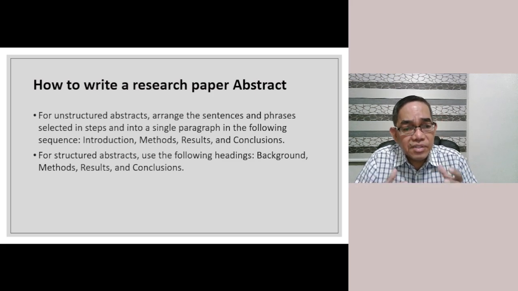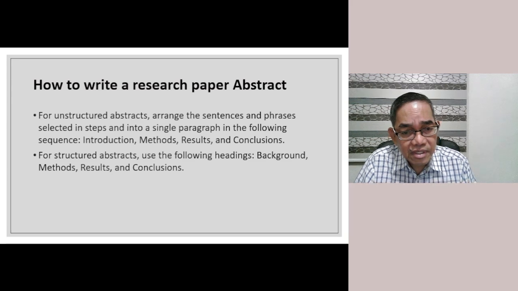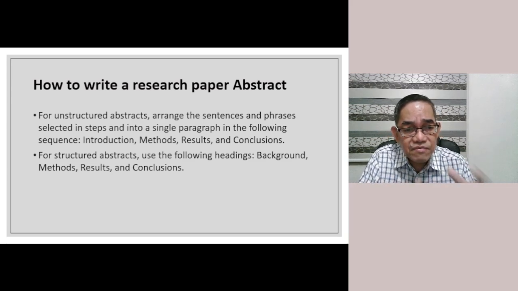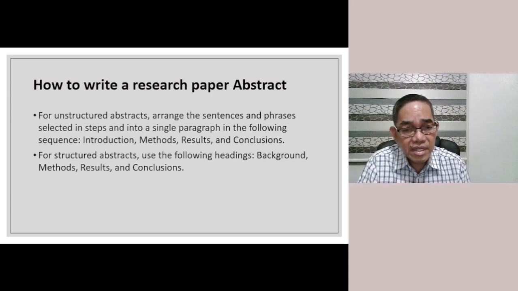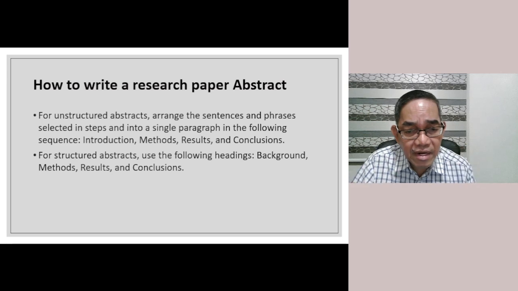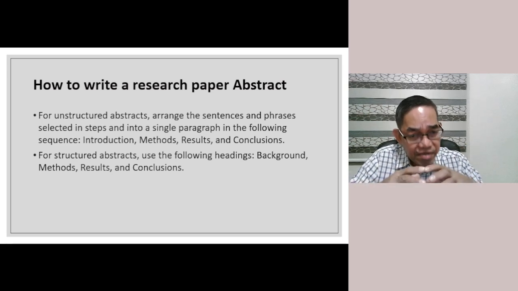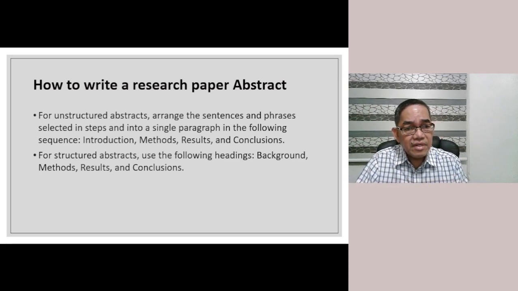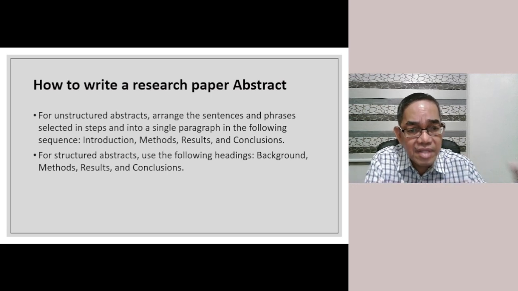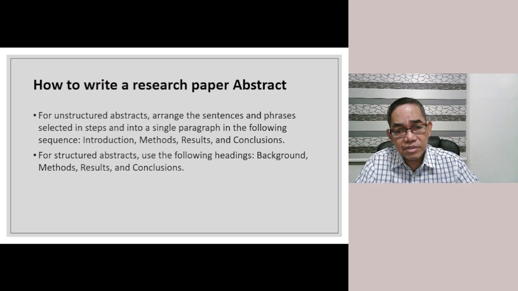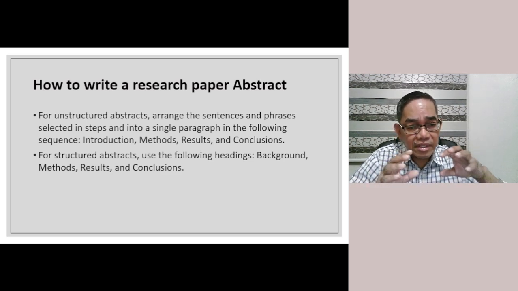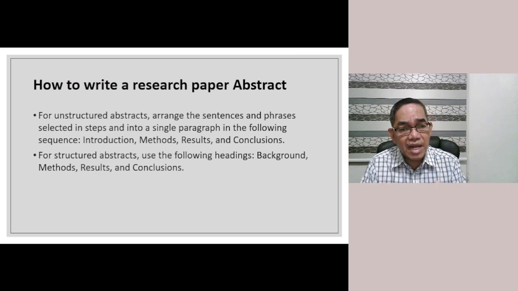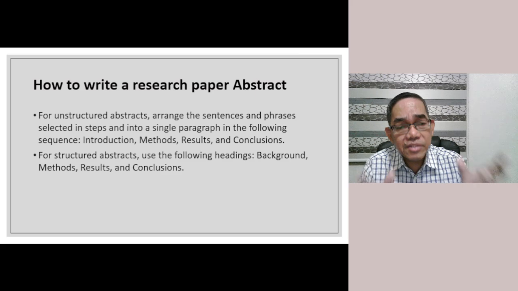Now, for unstructured abstracts, you arrange the sentences and phrases selected in the steps we talked about a while ago into a single paragraph, in the following sequence: the introduction, methods, results, and conclusion. So all of this is an informative type of abstract, except that this is unstructured.